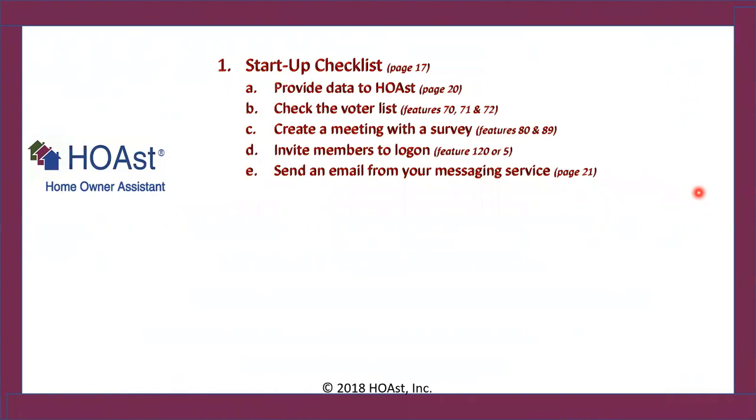We're going to cover the broader look at this, and the first thing we're going to talk about is providing data to host. Obviously, we have to have data for your community in order to set up voting software for you.